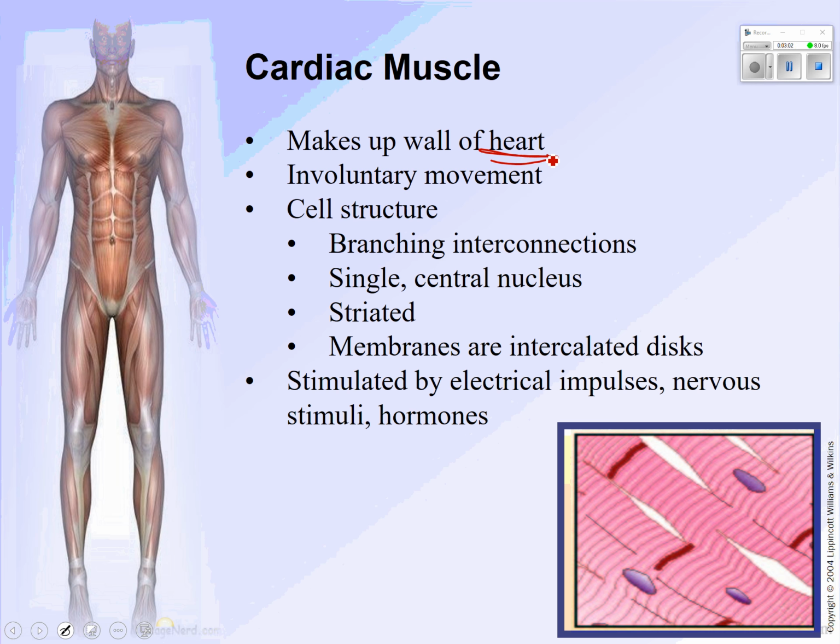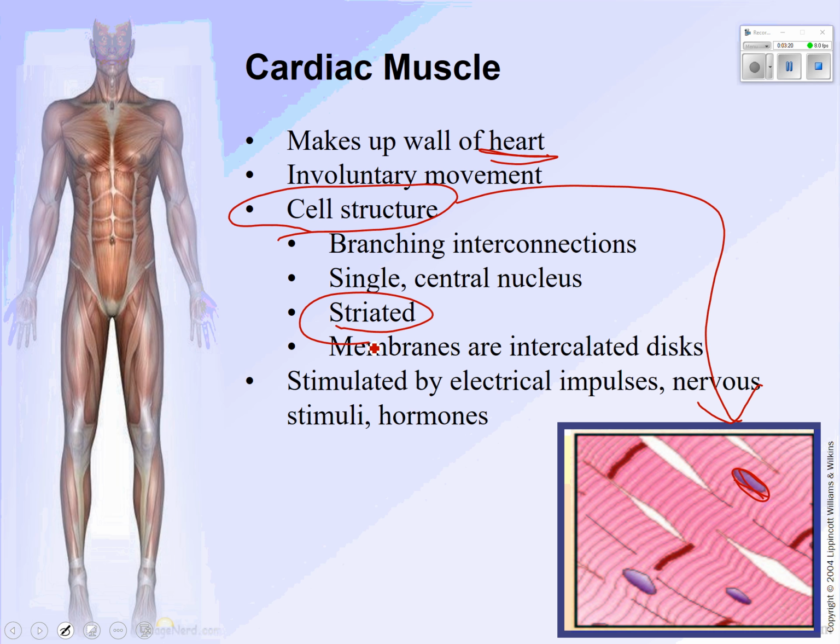If you look at the cell structure first, and we're just looking at the drawing here, you have a single central nucleus within each cell. It is striated, so you have these visible lines of light and dark bands.